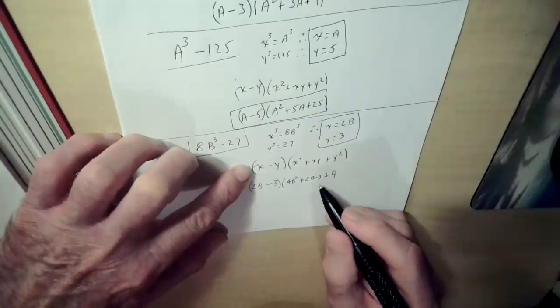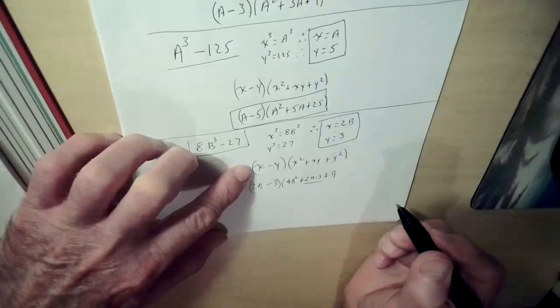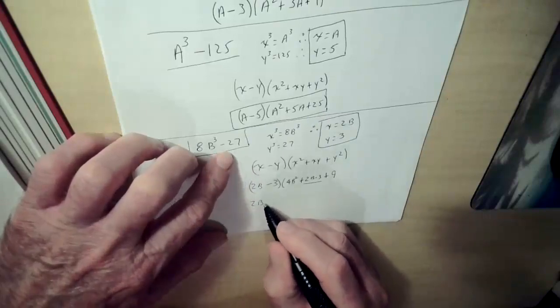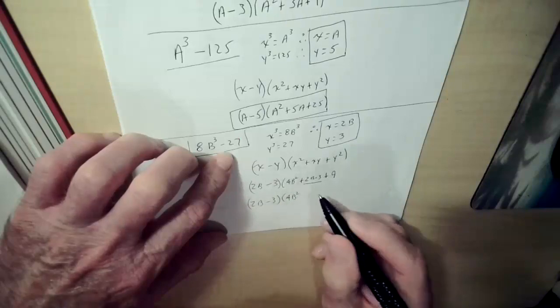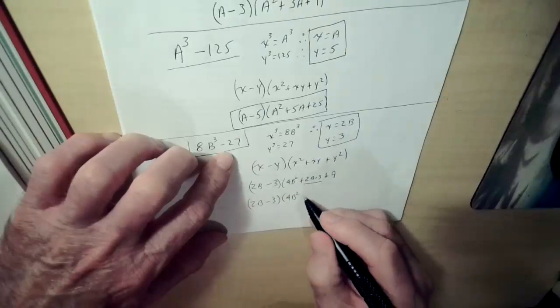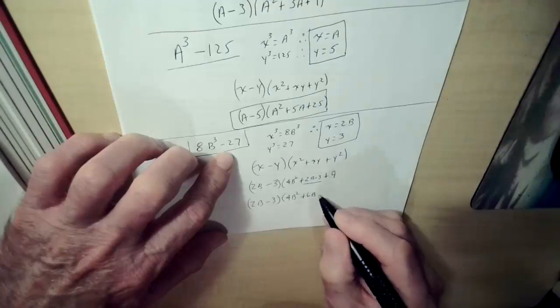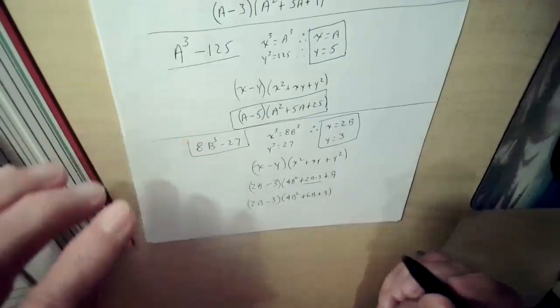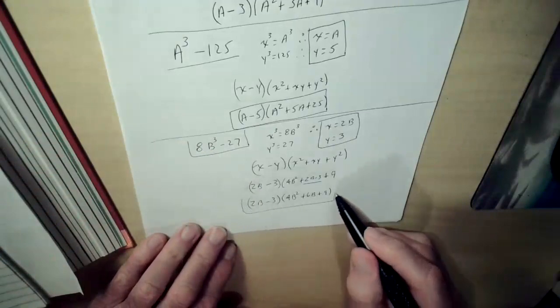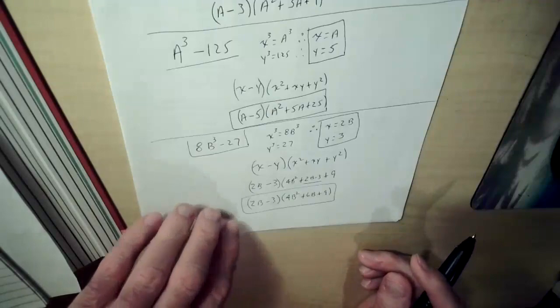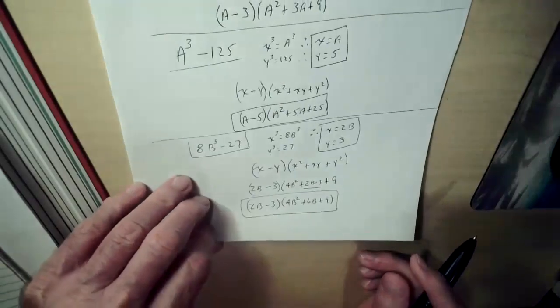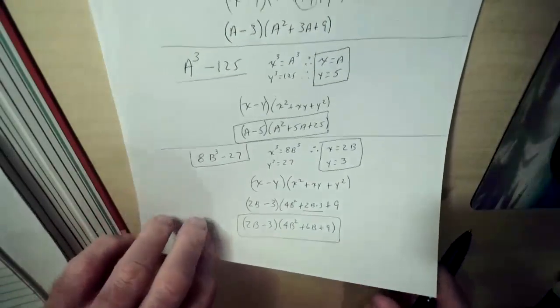Plus xy, 2b times 3, plus, and y squared is 9. Now, we have to do this. So we have 2b minus 3, 4b squared, 3 times 2b is 6b, and 9. That's about as difficult as these get, and it's really not that difficult to do.